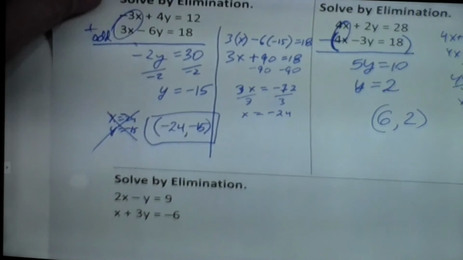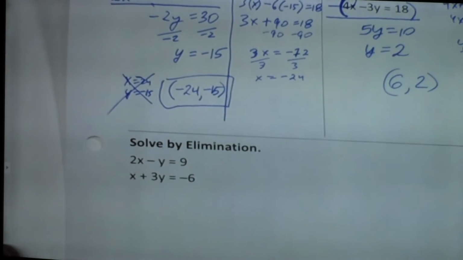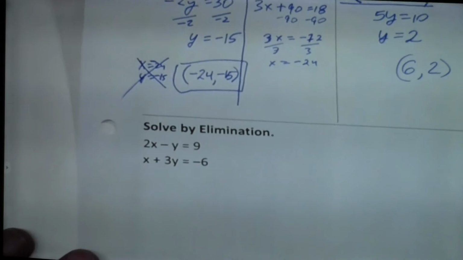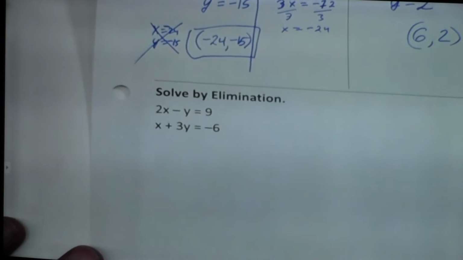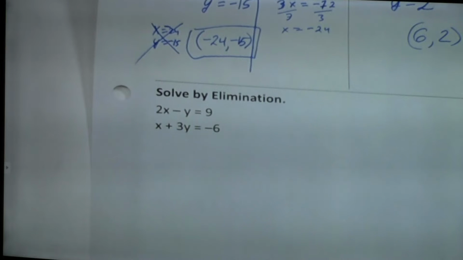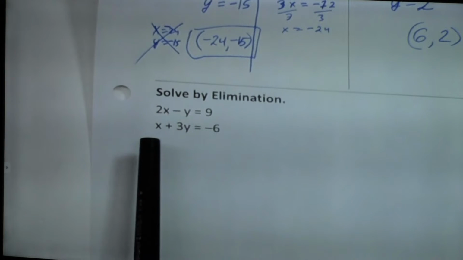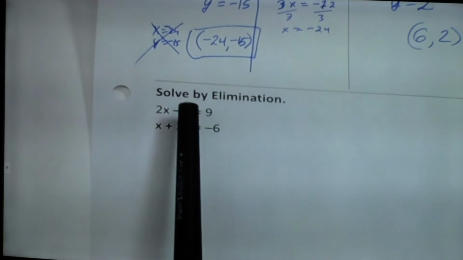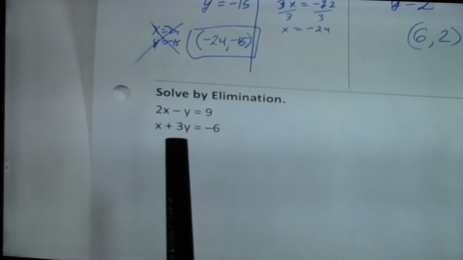Now, both of these problems don't require you to make any changes to the equation. But this next one does, because right now you cannot add or subtract this one and be able to get an x or a y. You will not have eliminated either one of them. So if we're going to eliminate, we need to do something to either get the x to be a 2x or a negative 2x, or to make this one a negative 3y.